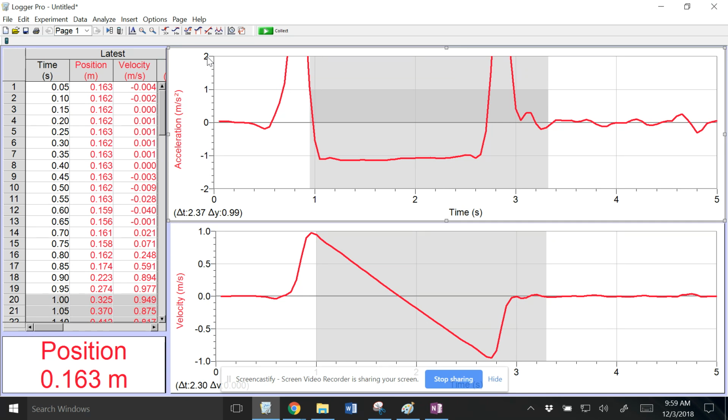It's got a value of roughly -1 meter per second squared. And that should jibe with the slope on the velocity versus time graph. If you look at this velocity versus time graph, it starts out with a velocity of +1, and ends up with a velocity of about -1.